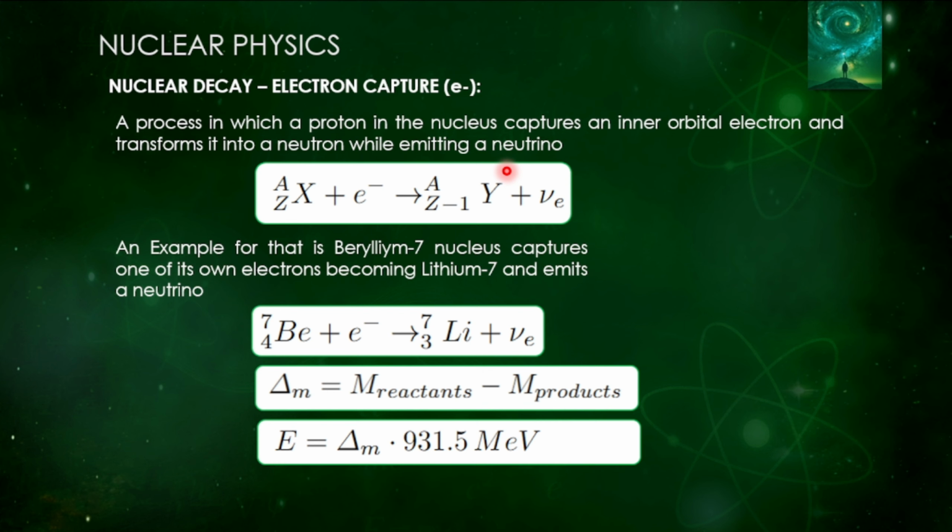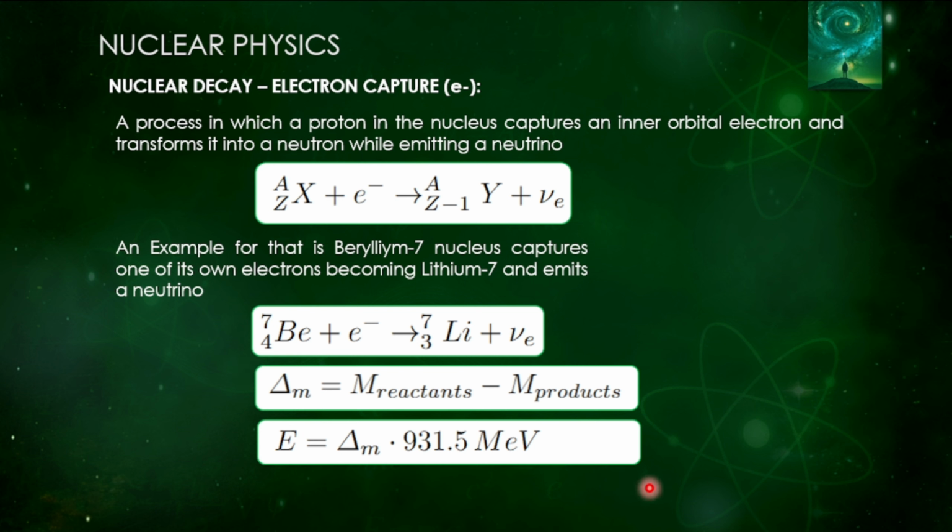So you have X with mass number A and atomic number Z, plus one electron, giving Z minus one in the atomic number, plus a neutrino. An example is beryllium-7, which when it captures an electron is transformed to lithium-7, atomic number 3. One proton has been lost, plus a neutrino here.